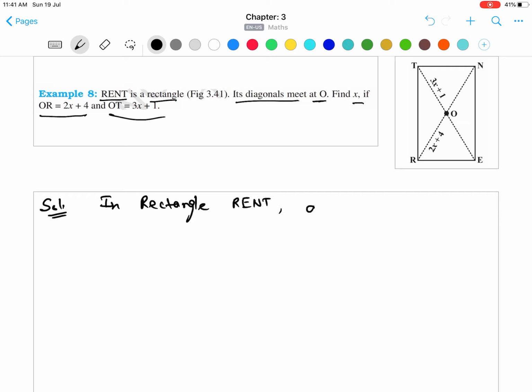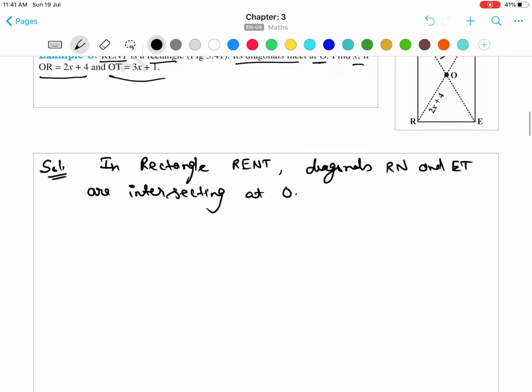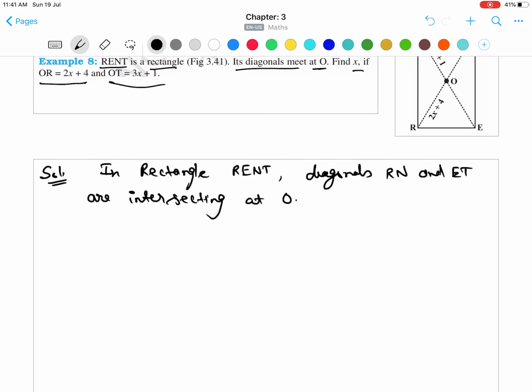In rectangle RENT, diagonals RN and ET are intersecting at O. Okay, so in rectangle RENT, diagonals RN and ET are intersecting at O.